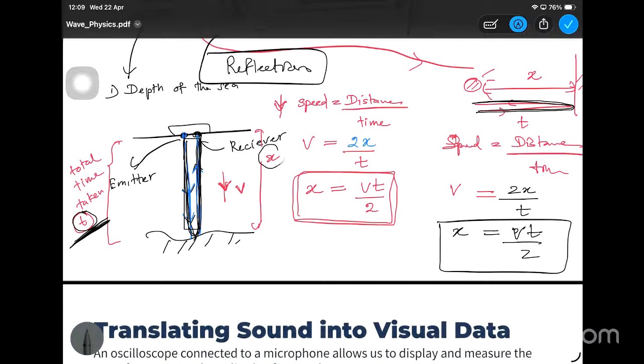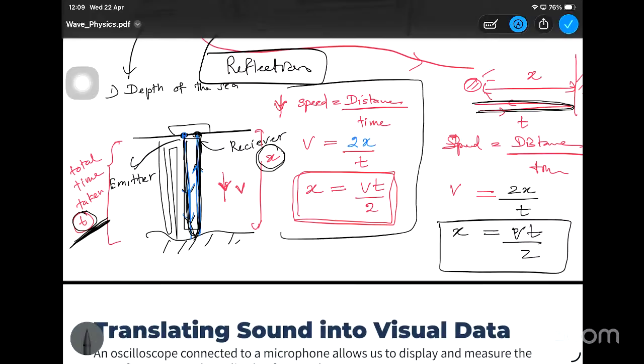In that case, the total distance would be x and then another x, so the total distance is 2x, right? Remember this part. This is the most important one.